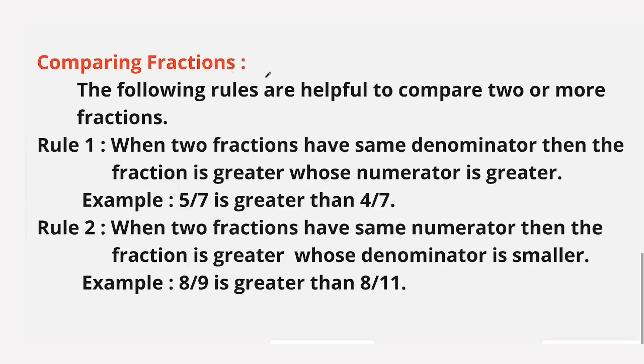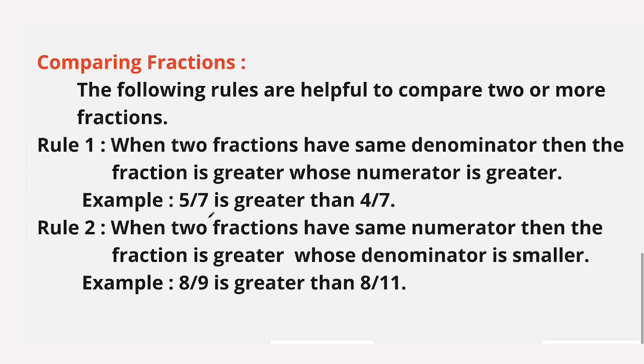Comparing fractions. The following rules are helpful to compare 2 or more fractions. Rule 1. When 2 fractions have the same denominator, then the fraction is greater whose numerator is greater. For example, 5 upon 7 is greater than 4 upon 7.